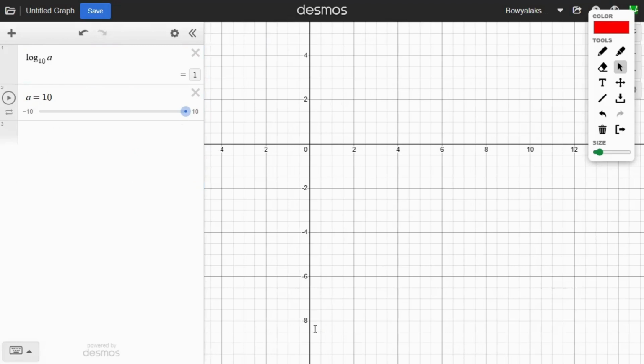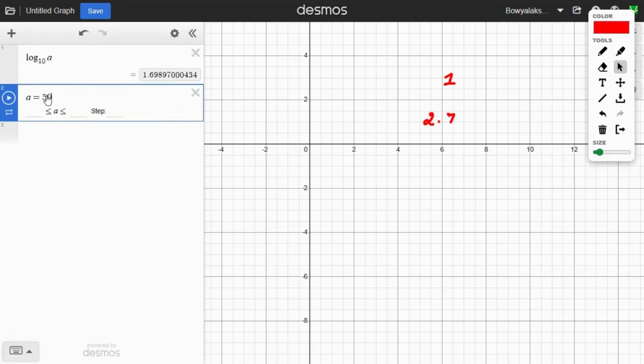Then what is log of my second data, 450? In place of a, in place of 10, it's 450. So I got this. First I got 1, then 2.7 when rounded to 1 decimal place. Then for the next data, 50,000, I got 4.69, so 4.7 to 1 decimal place.